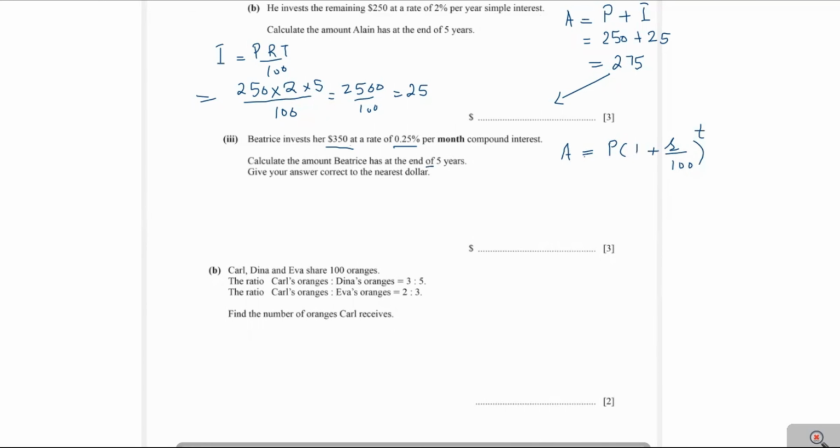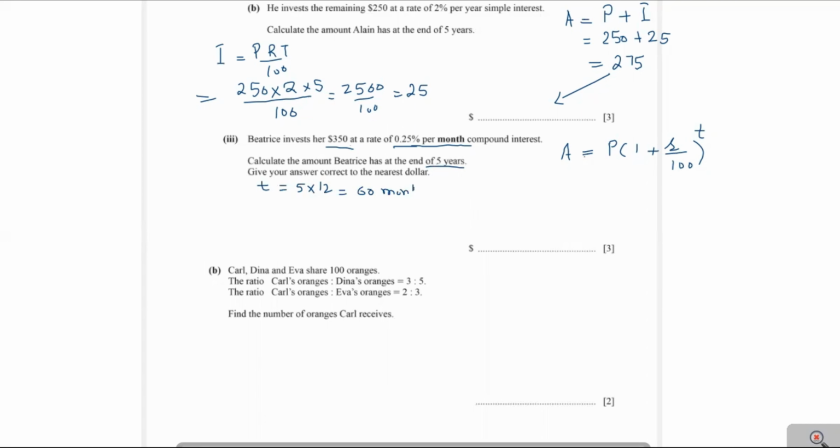You see here, this is the time 5 years, but the interest rate is given as 0.25% per month. Now we have to find time in number of months. Total time is 5 years. Therefore, the time in months will be equal to 5 multiplied by 12. That's equal to 60 months.